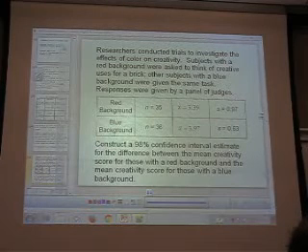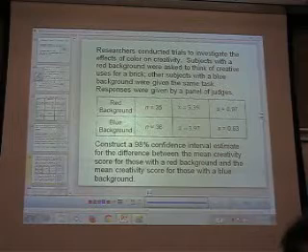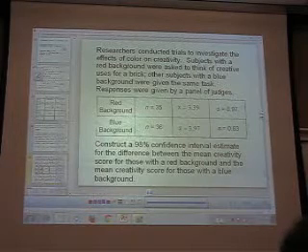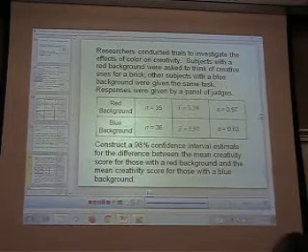If it's a confidence interval, there's no claim. And where on the yellow sheet you find it. All right, so what did you guys find?